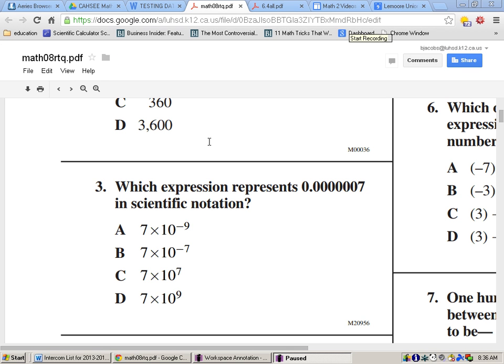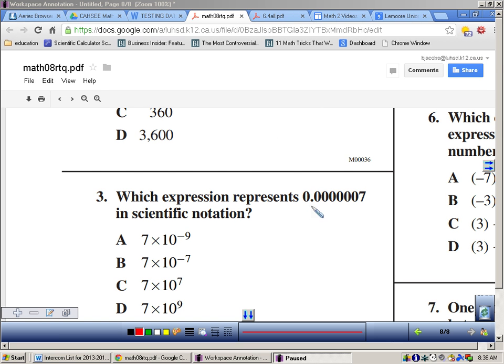Here's another example of writing a number in scientific notation. This number is a very small number, so we're going to have a negative exponent. What we'll do here is identify the decimal. Now let's move it over however many spots to make a number that's between 1 and 10. It would be 1, 2, 3, 4, 5, 6.